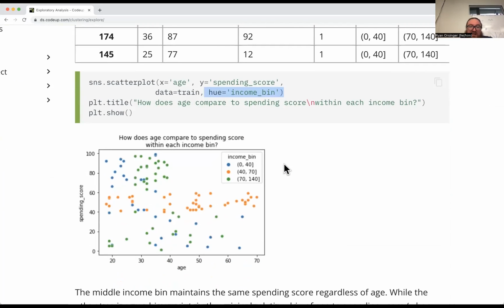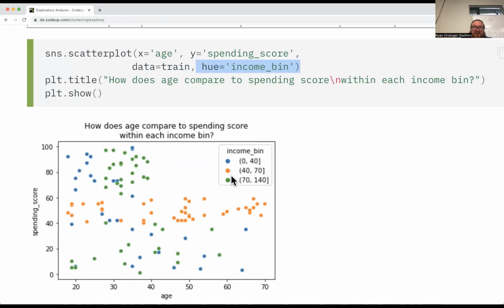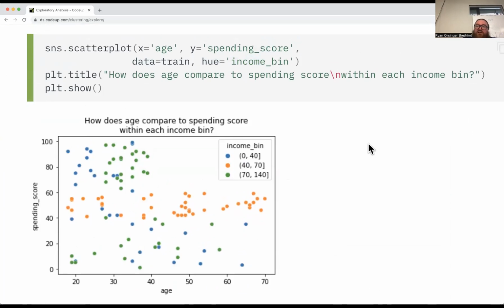So we have three bins, 3 columns. Now this is really interesting, right? Income, age is not accounted for here because this is all of train. I'm sorry, age is totally accounted for. Age is the x-axis.